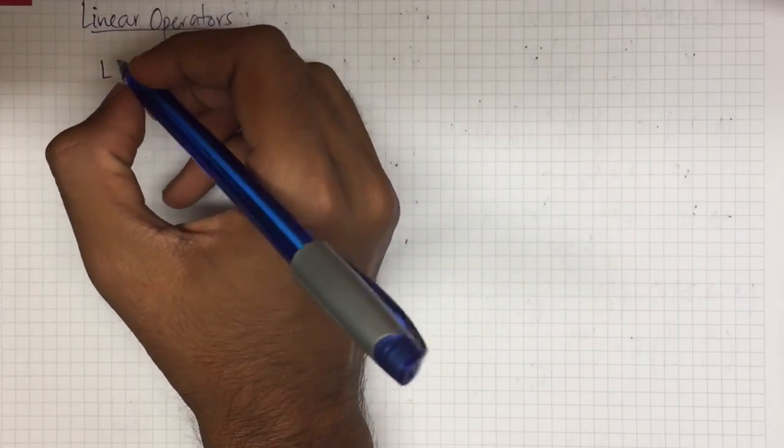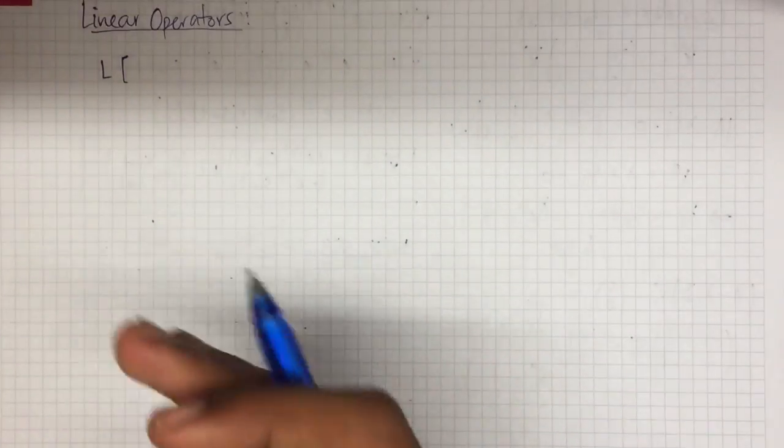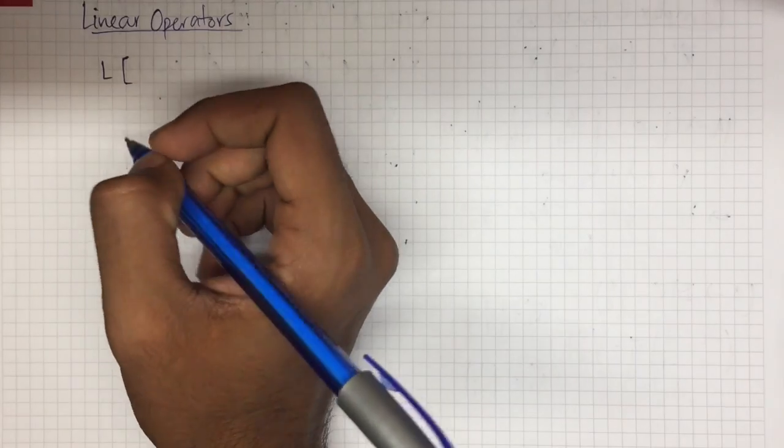For a linear operator, let's say y is our function that's being operated by the L over here.